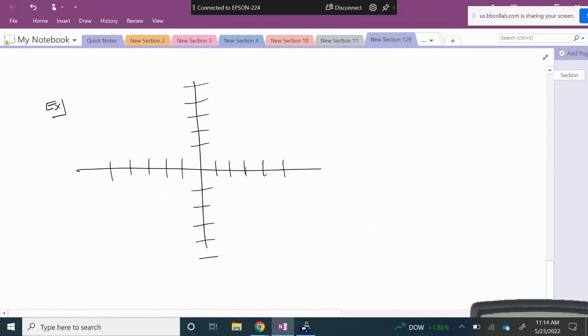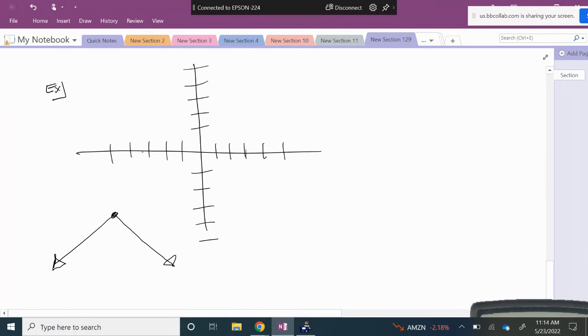And 1, 2, 3, 4, 5. Right. 2, 3, 4, 5. So this is negative 5. 1, 2.